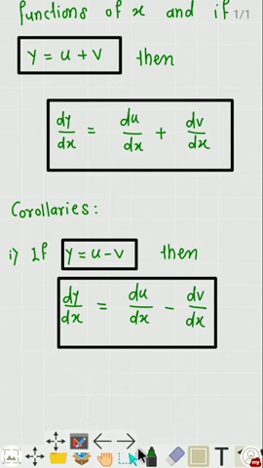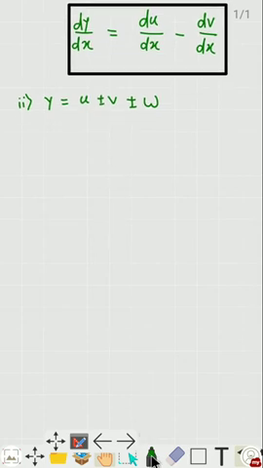Similarly, if we have y as an addition or subtraction of three functions, so u plus or minus v plus or minus w, then what will be the derivative of y with respect to x, where u, v, w are functions of x?